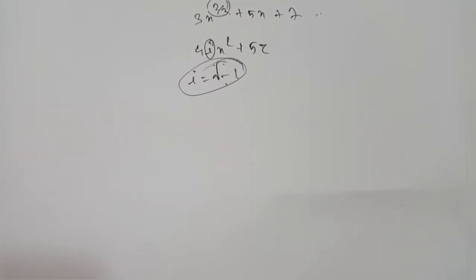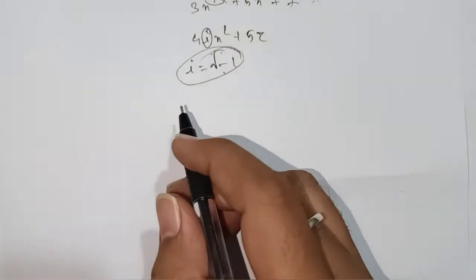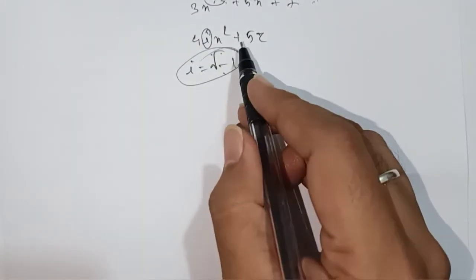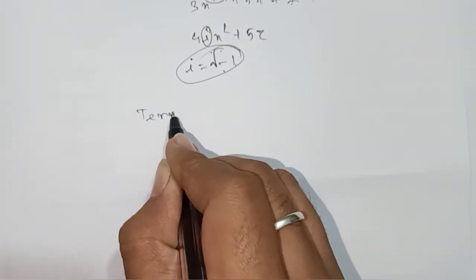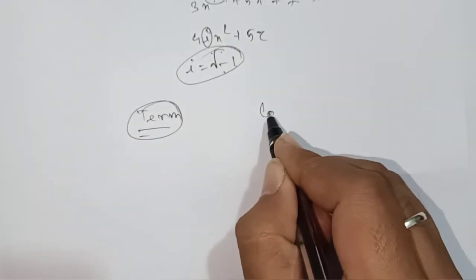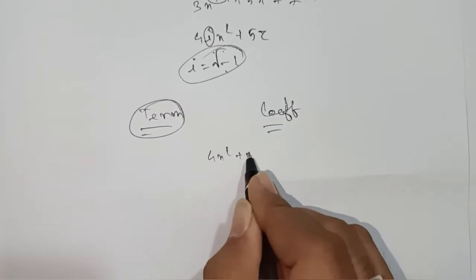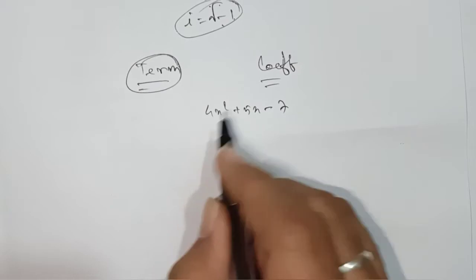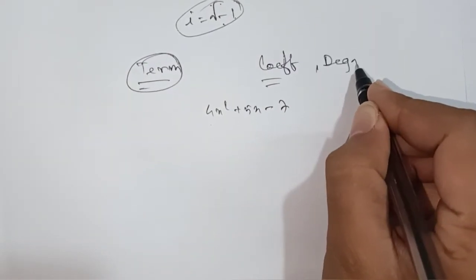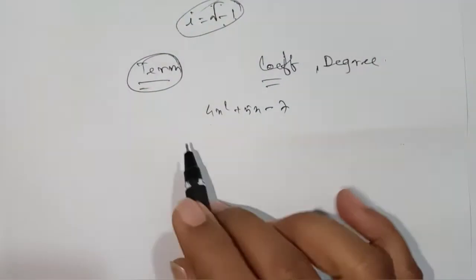Now we're going to see the types of polynomial. But before entering that, we'll see term and coefficient. Here if I take 4x square plus 5x minus 7, you can see that one more term we're going to see, that is degree. First let's talk about the degree.